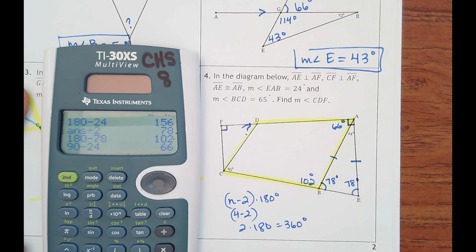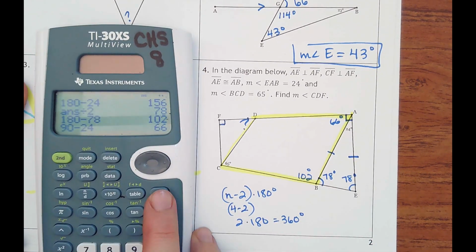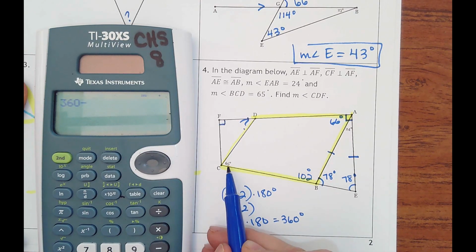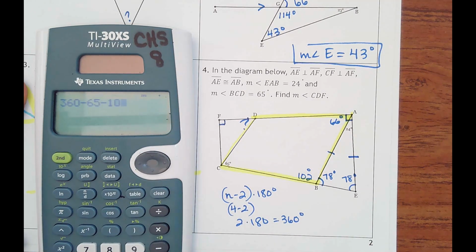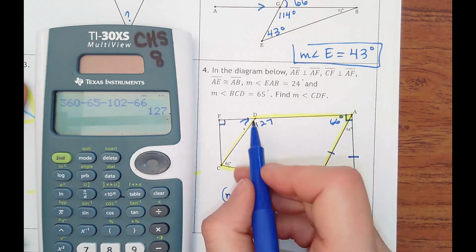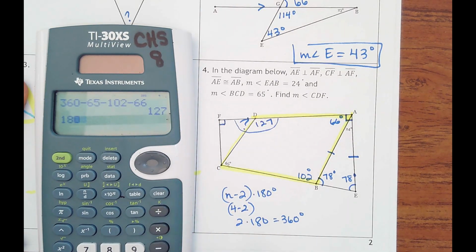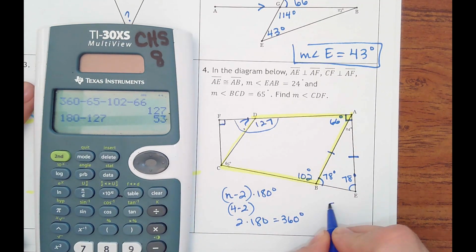So there's 360 degrees in every quadrilateral. That means I could do 360 minus the 65, the 102, and the 66, and get this to be 127. Then I've got another linear pair where I could take 180 minus 127. And then that should be 53 degrees.